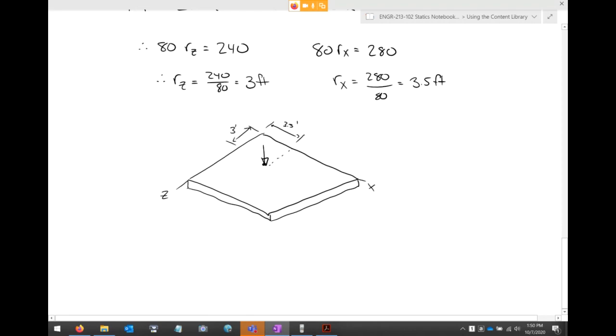I just think that's really cool how I can take all those forces and replace all of it with just a single 80 kip load right there. And if I put that single 80 kip load right there, it will generate the same amount of force as all those other loads and the same amount of moment as all of those other loads. I just think that's slick.